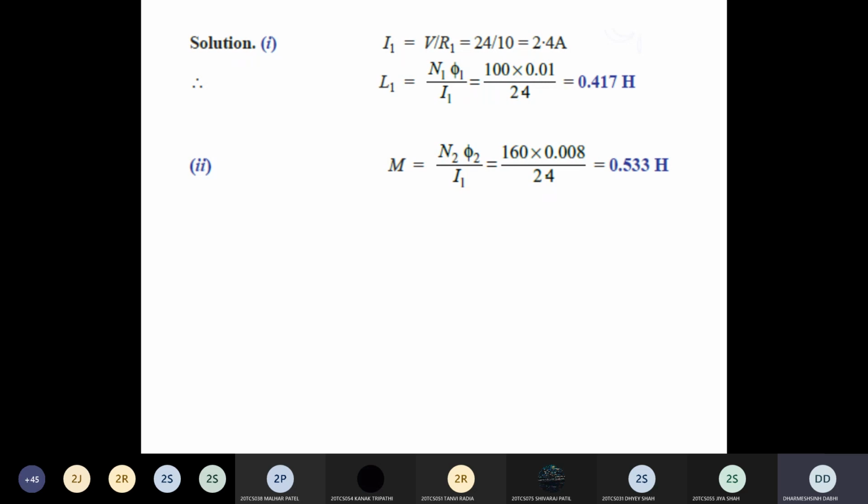Now find the third one, the coefficient of coupling, K. As you already know the relationship between mutual inductance and self inductance, M is equal to K times the square root of L1 into L2. Clear?